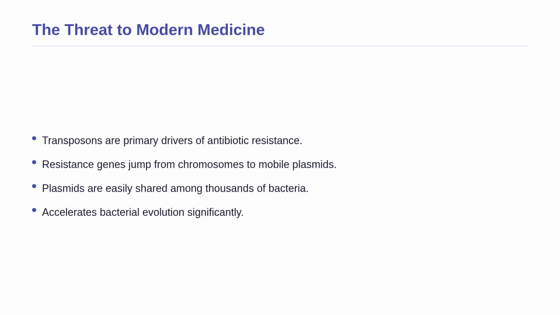That bacteria can suddenly share its new superpower with thousands of other bacteria. If we did not have transposons, bacteria would evolve much more slowly, and our antibiotics would remain effective for a much longer time. They are the engines of rapid bacterial evolution.